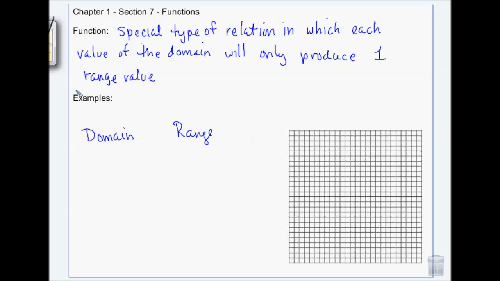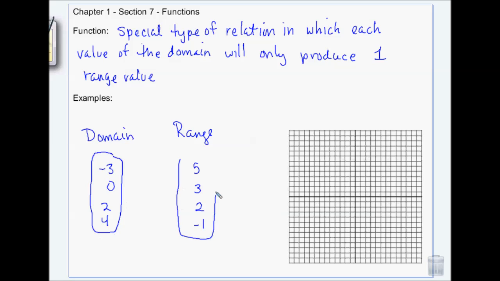So what I have is, if I have a domain, each domain element will only go to one range element.